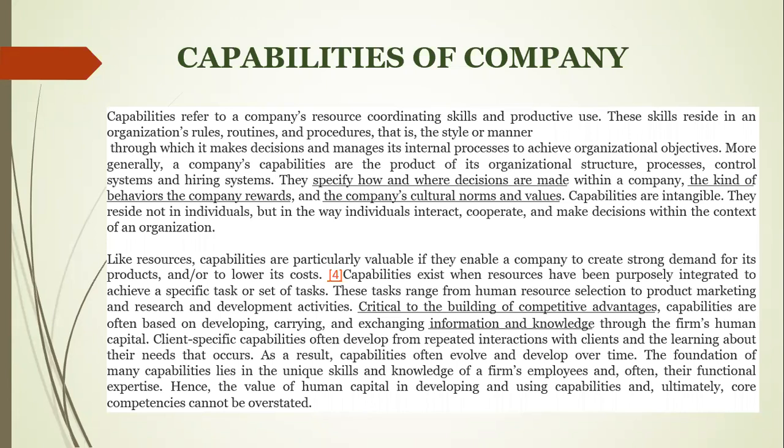Some of the capabilities can also be intangible, right? The intangible capabilities of an organization can be like organizational culture, or the way we take certain decisions, or the protocol. Communication can be a capability.